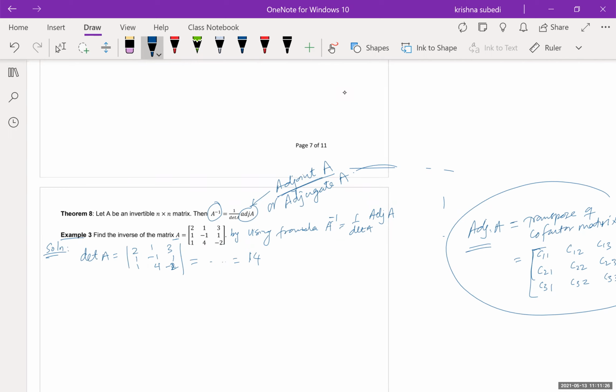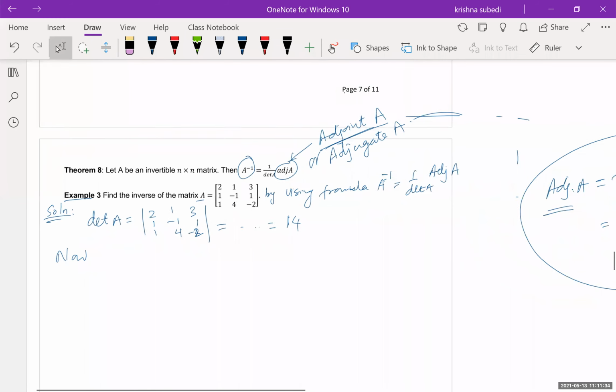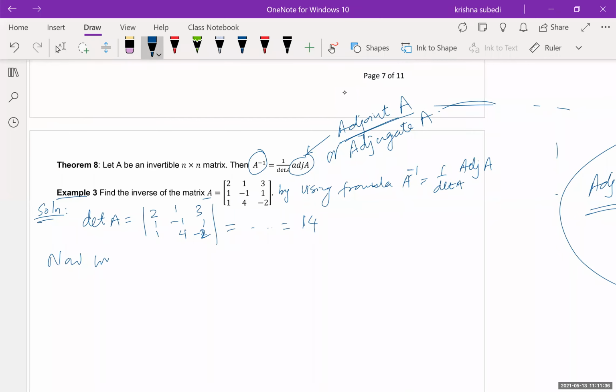So now we need to find the cofactors. Let us calculate C11.